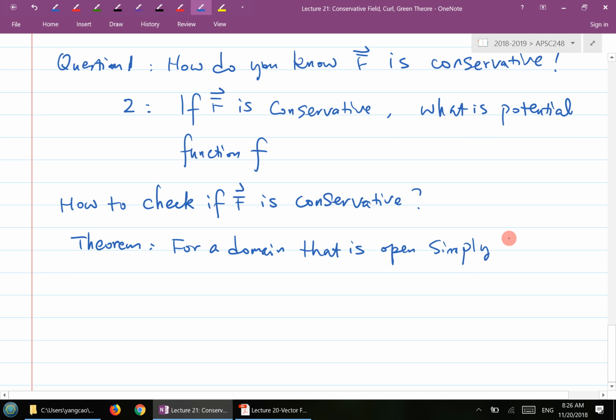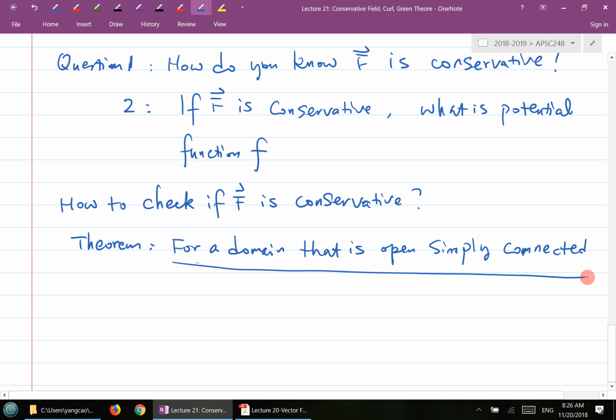When I cover this theorem, I used to be very straightforward, but I think it's good sometimes to be a little bit mathematical. In terms of a domain, when you do an integral, you have a to b, that's a domain. When you do a double integral, you have the region, so that's a domain. When you do a triple integral, you have a solid region D, that's also a domain. That's what domain means.